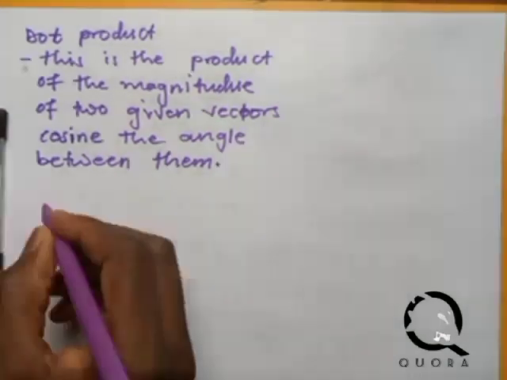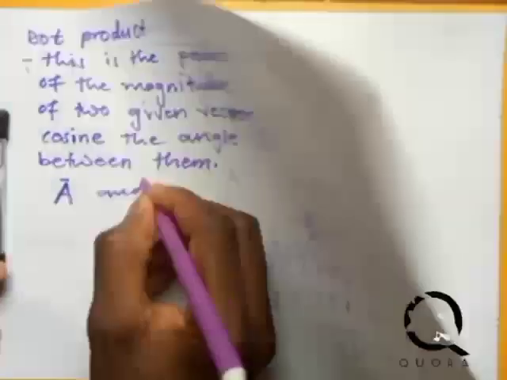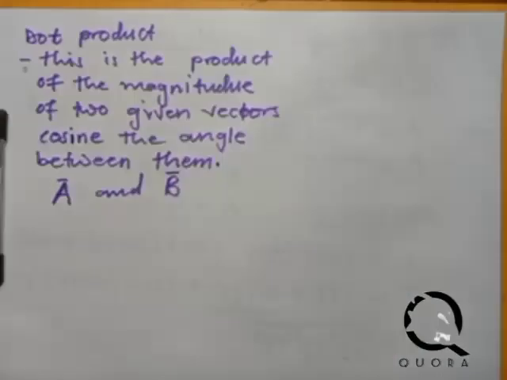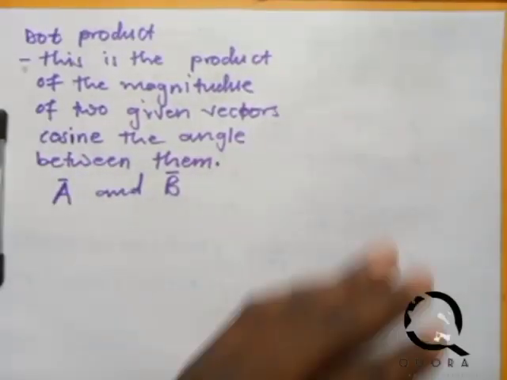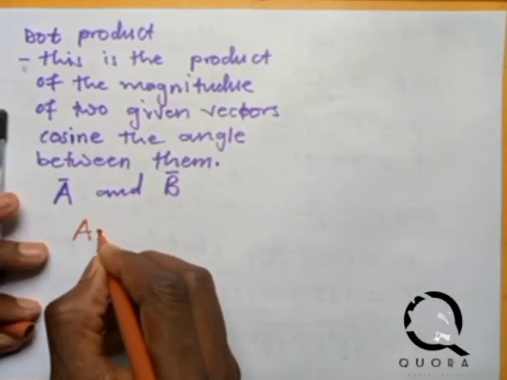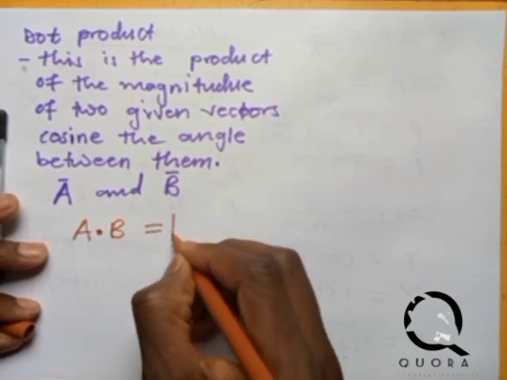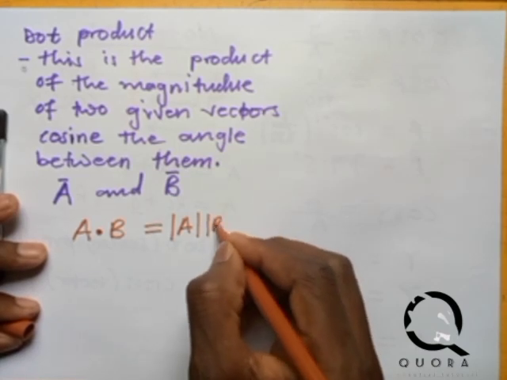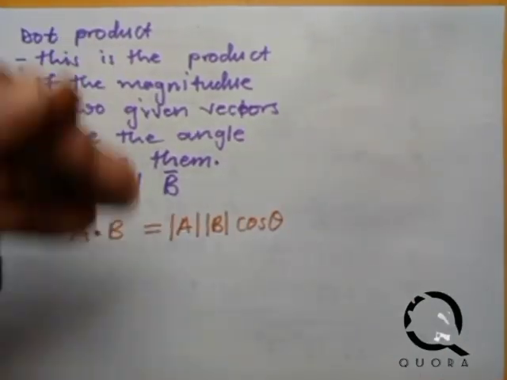If we have two different vectors, vector A and vector B, the formula that we can get based on the definition is going to be like this. We are going to have A dot B equal to the magnitude of A multiplied by the magnitude of B cos theta. That's what the definition is trying to tell us.